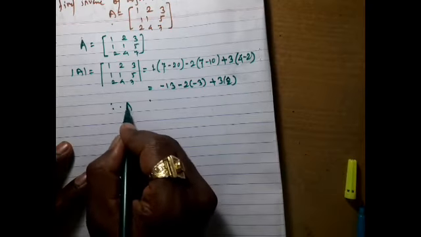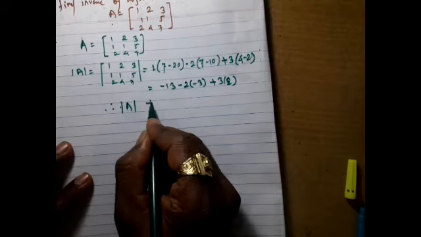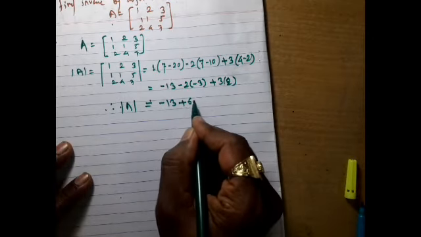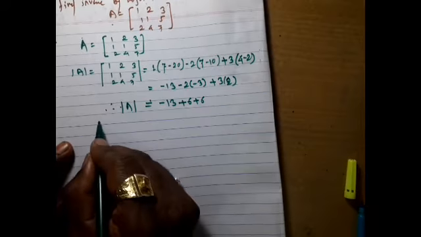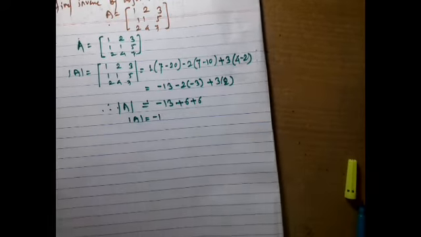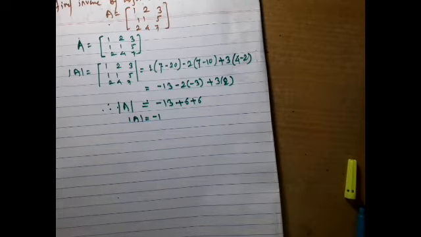Therefore, determinant of A is equal to minus 13 plus 6 plus 6. That is, determinant of A is minus 1, and therefore inverse exists.